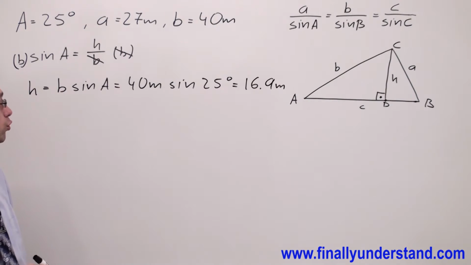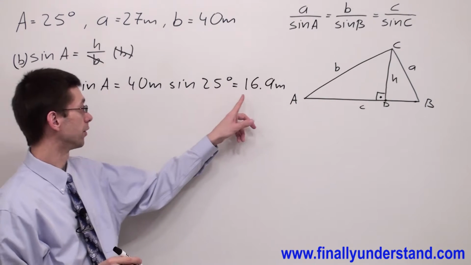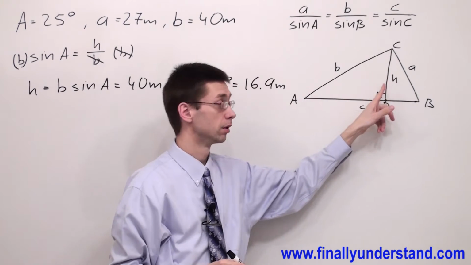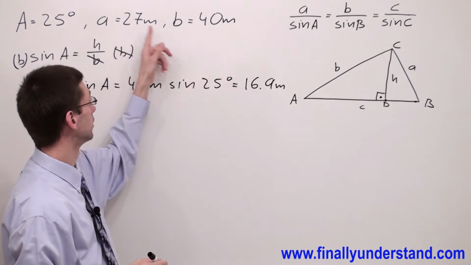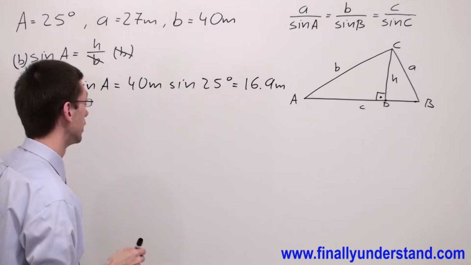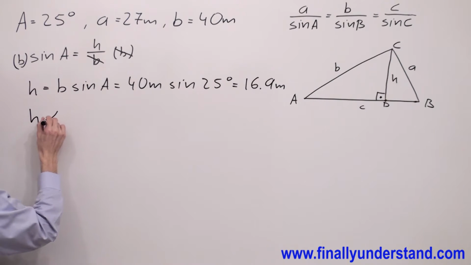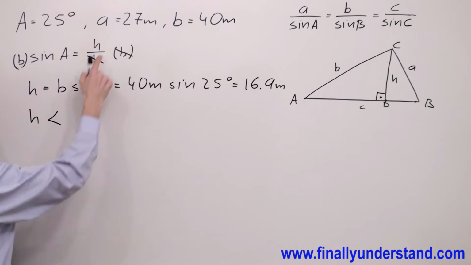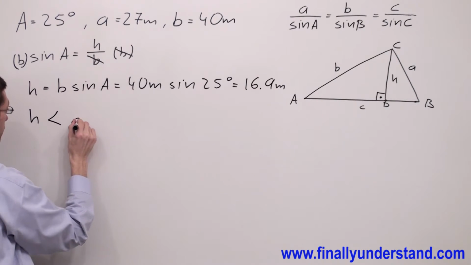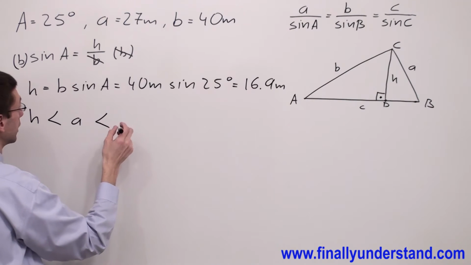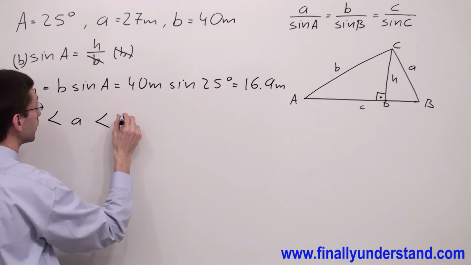Next, you're supposed to compare the length of H, the altitude, and the given sides. So please notice that H is less than side A and is also less than side B.